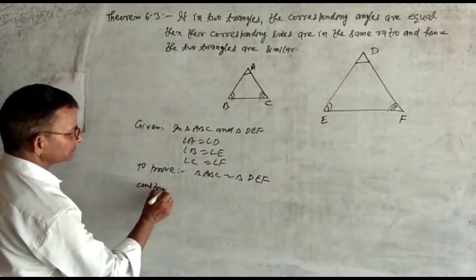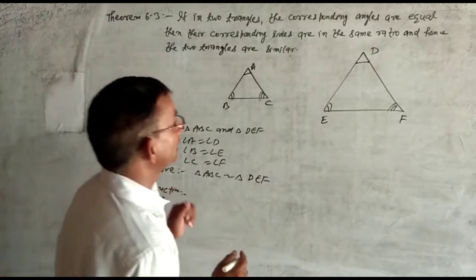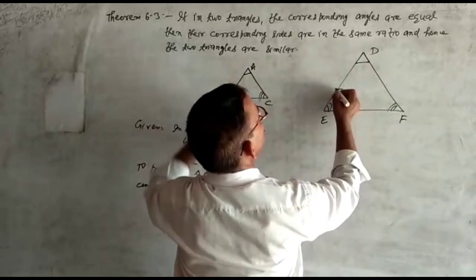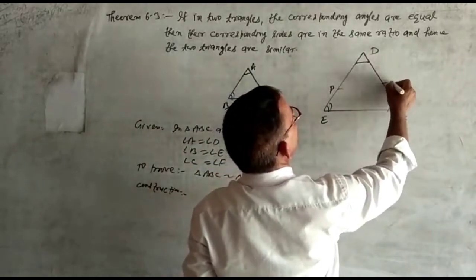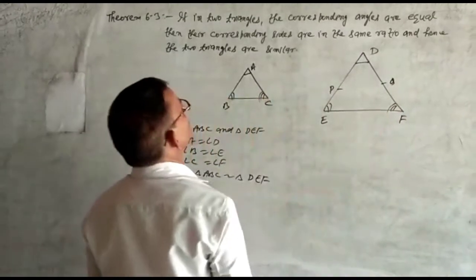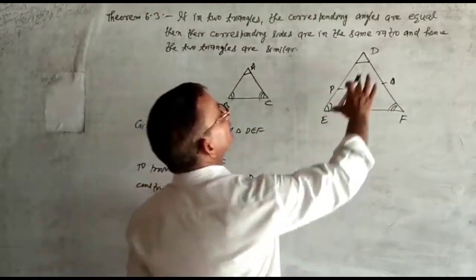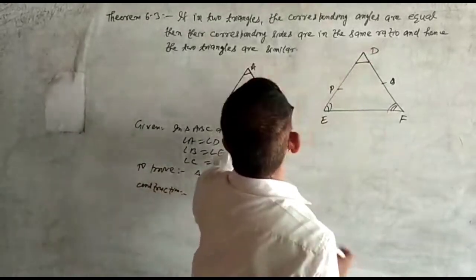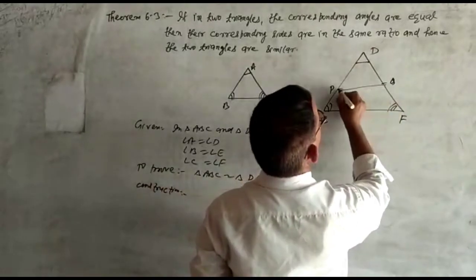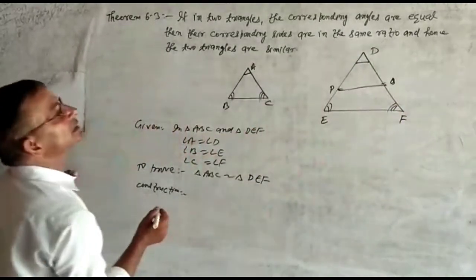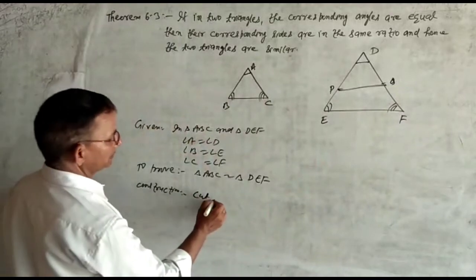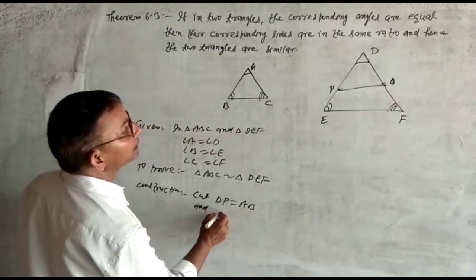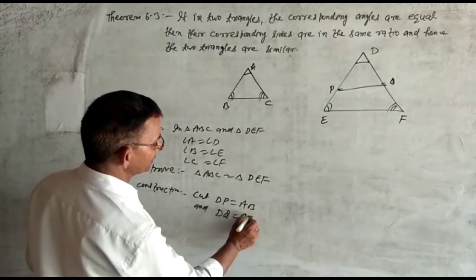Construction. Cut DP equal to AB and DQ equal to AC.